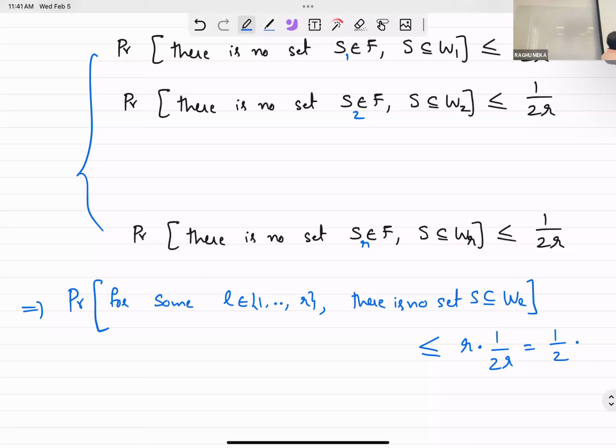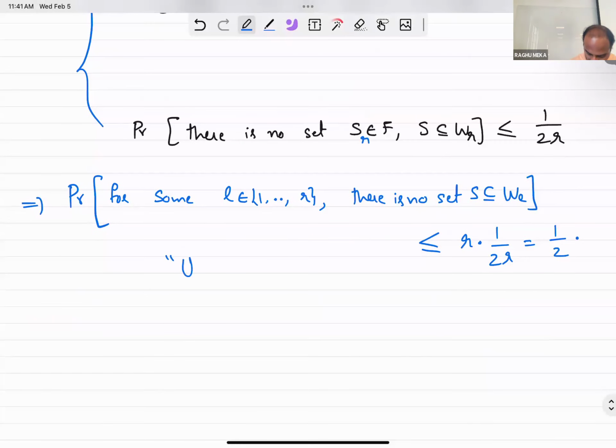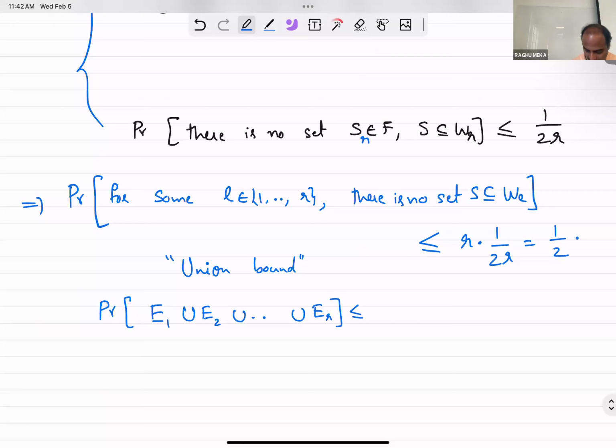Okay. So if I have various events, the probability that at least one of them happens is at most the sum of the individual probabilities. Okay, this is called the union bound. If I have events E1, E2, all the way up to ER, then the probability that at least one of them happens is at most the sum of the individual probabilities.